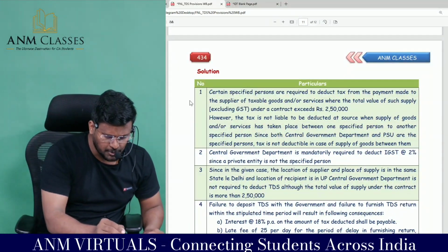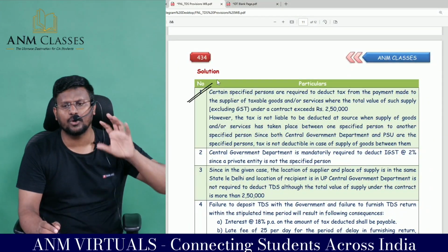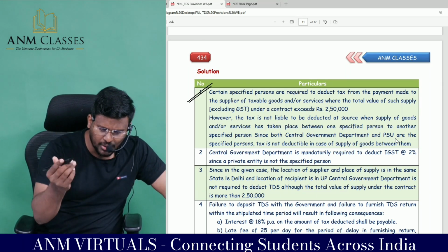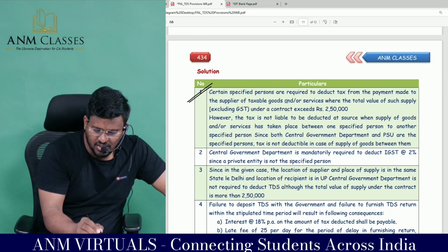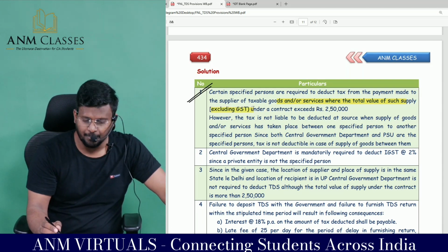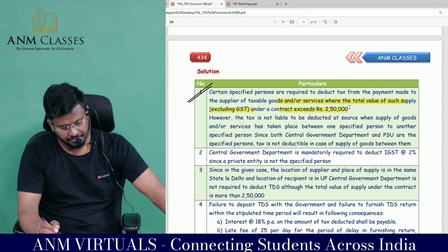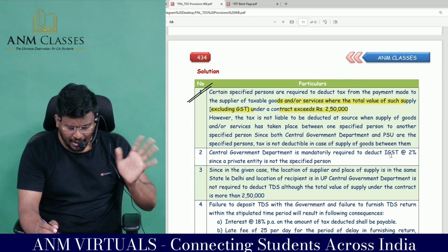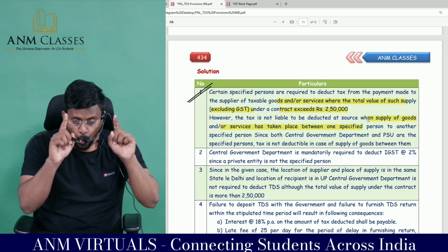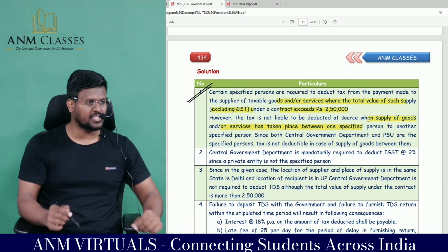Sir, certain specific persons are required to deduct TDS tax. Basically 4 people. From the payment made to the supplier of taxable goods or services where total value of such supply, excluding what, under a contract exceeds 2,50,000. However, tax is not liable to be deducted at source when supply of goods or service has taken place between one specified person to another specified person.